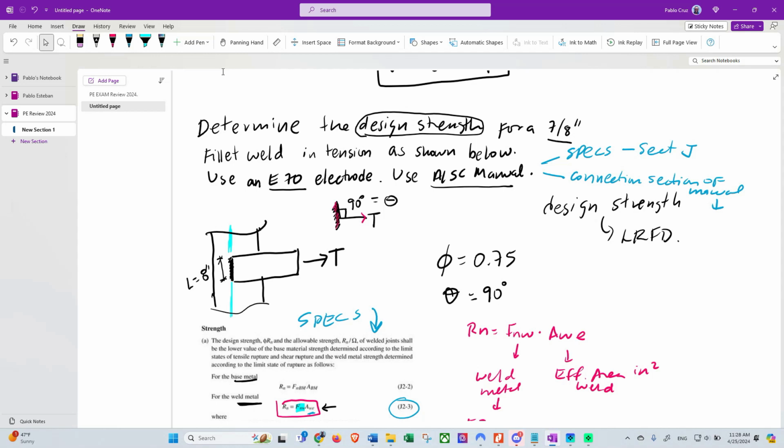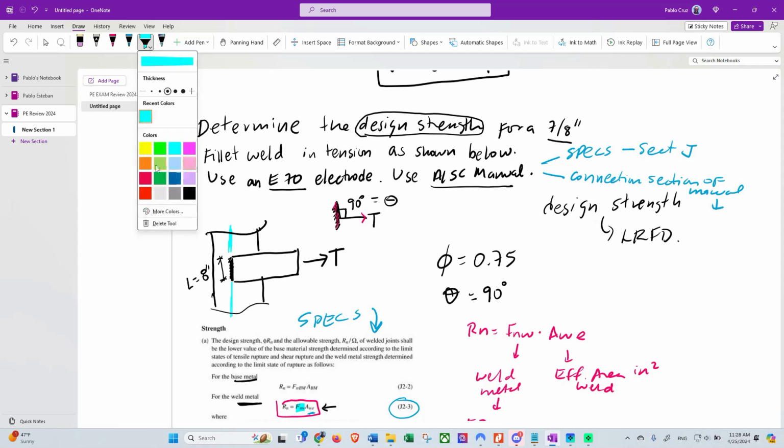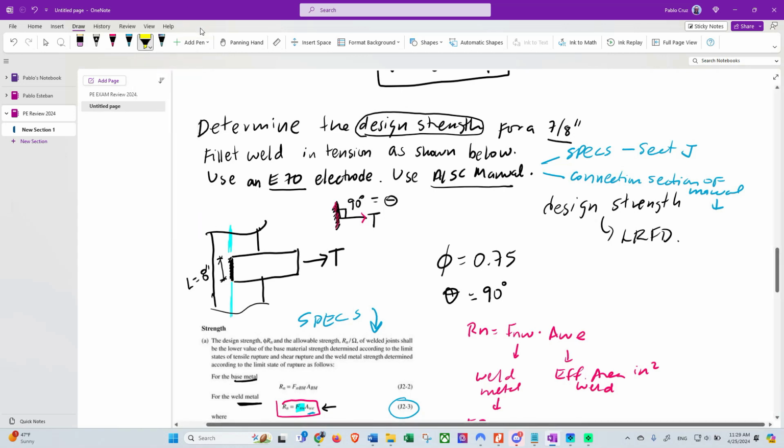So in this video, we're going to be calculating the design strength of a connection, specifically for this kind of connection we have in this drawing here. So let me try to put in yellow everything I'm going to be talking about.